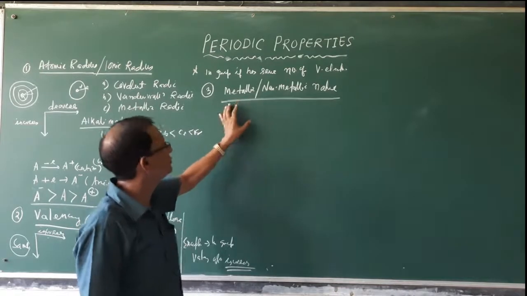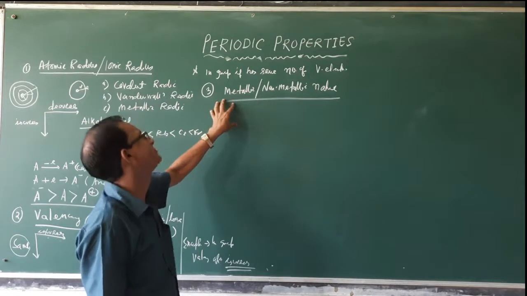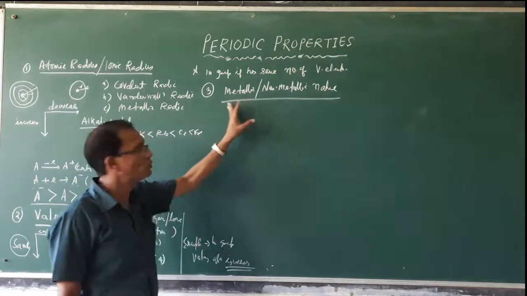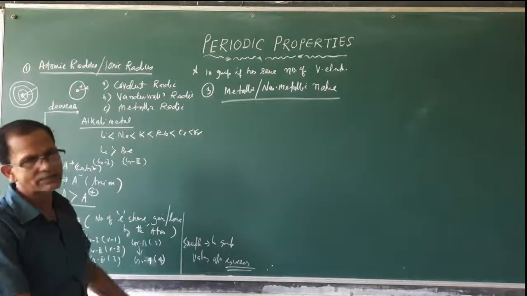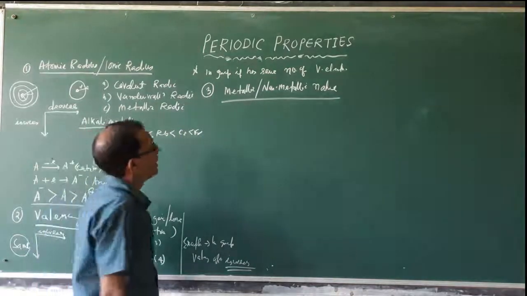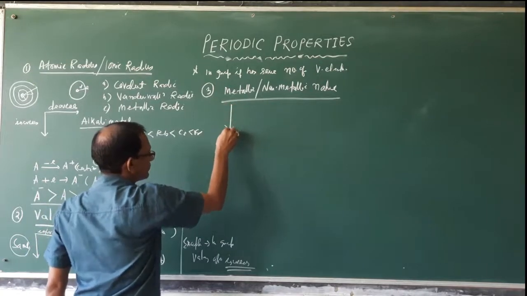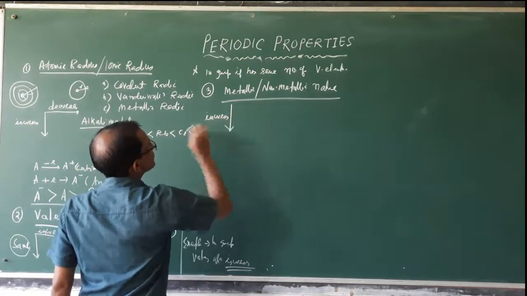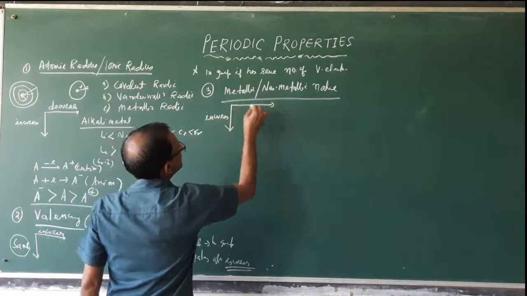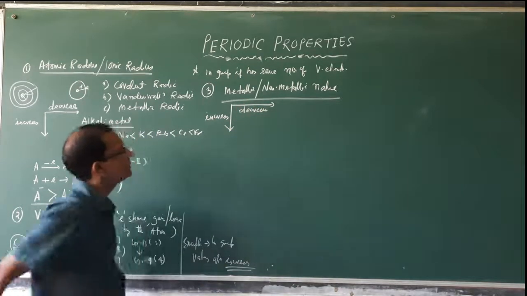Metals are lustrous, non-metals are non-lustrous, and metals generally have highly electropositive character. Like this, so many properties of metals and non-metals. So, metallic character along the group increases, and along the period decreases.